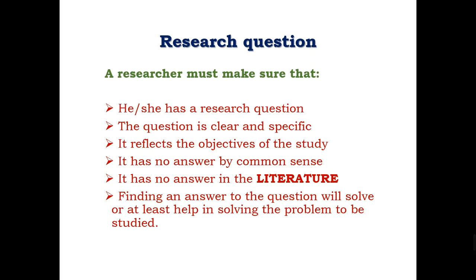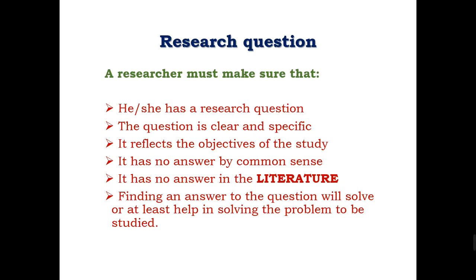And the research question. Coming to the research question, a researcher must make sure that you have a research question. First of all, the question is clear, very specific, and focused on your research field. It should reflect the objective of your study, that is, the objective of your title, and it has no answer by common sense.